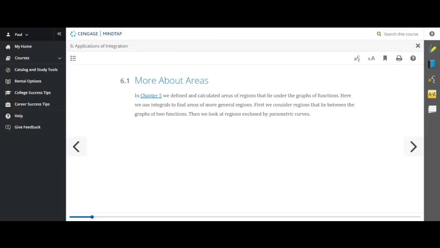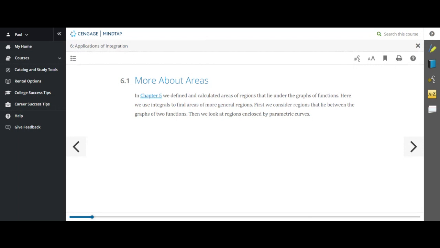Okay, so section 6.1 is an application of integration. In chapter 5, you learned a lot of integration techniques: substitution, partial fractions, integration by parts, trigonometric integrals.